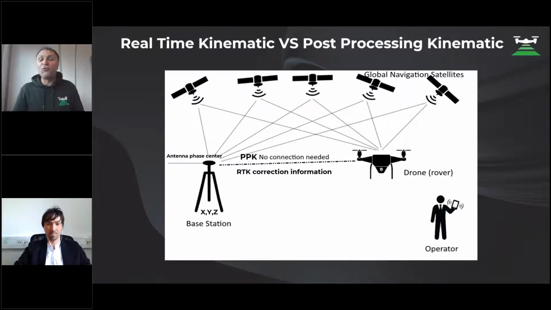It's very important if you fly in a forest area, if you fly in an urban area, in the cities, and it provides you more efficiency. It provides efficiency and flexibility. And of course, PPK technology is more stable in comparison with RTK technology. And this is why all our drones, all our equipment work in PPK, in post-processing kinematic technology.